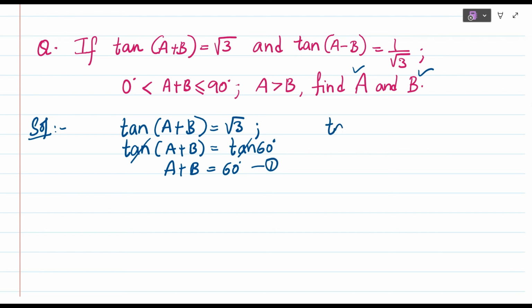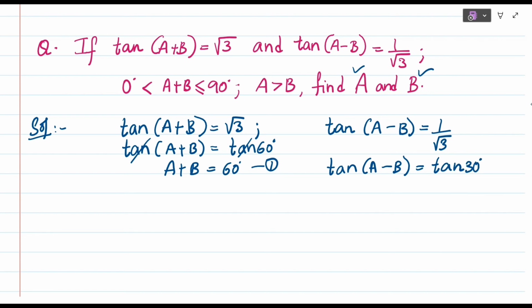Okay. So the next data they have given is tan of A minus B is equal to 1 by root 3. Clear? So 1 by root 3 is nothing but tan 30 degrees. So the value of tan 30 is 1 by root 3, cancel tan on both sides. We will get A minus B is equal to 30 degrees. This is equation number 2. In order to get the values of A and B, I am going to add equations 1 and 2.